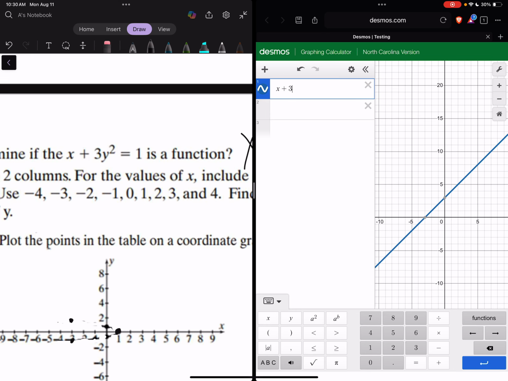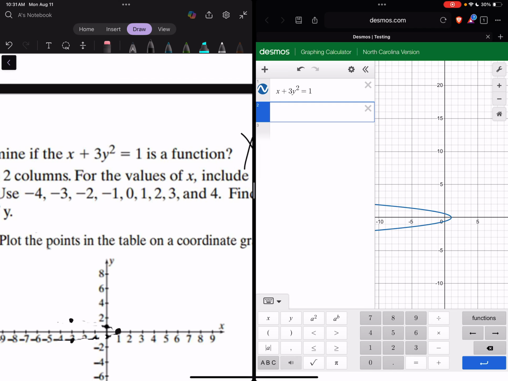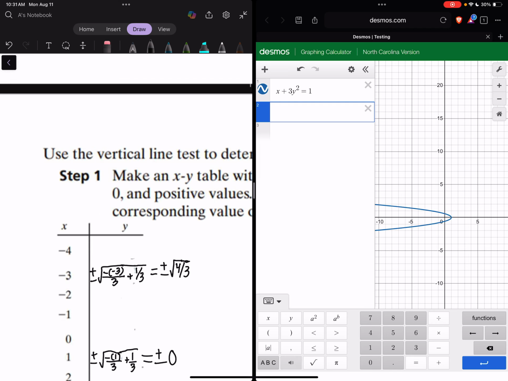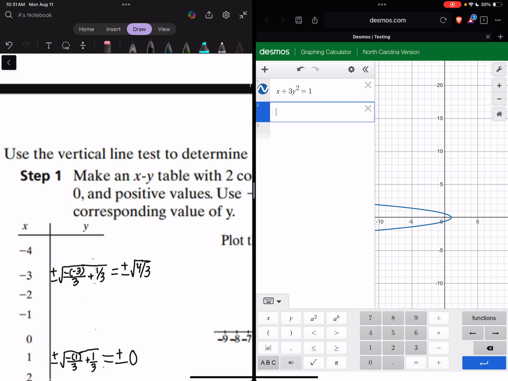Actually, I told you wrong right there because I already have y in the value. To solve for an equation, you put equals minus parenthesis. I'll show you what I mean now. If I wanted to do negative 4, I try to jump ahead of myself, so I do apologize. So negative 4 for x plus 3y squared equals 1.